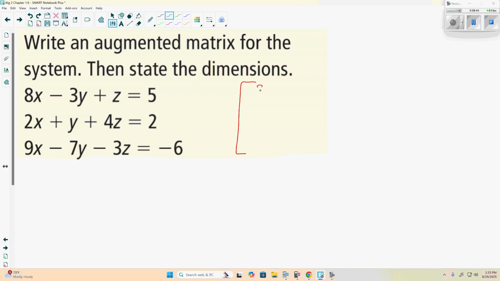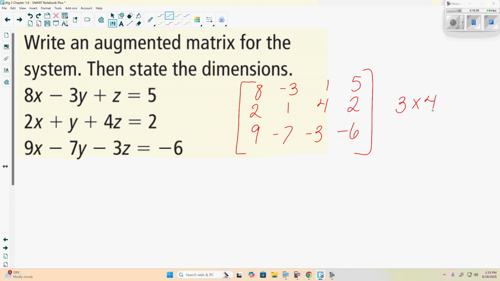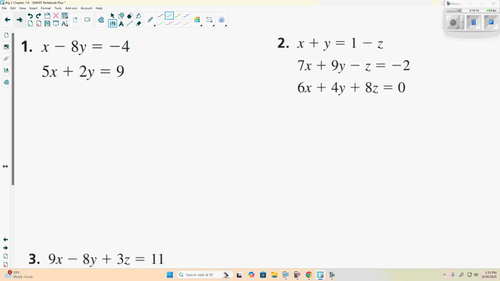We have what? 8, negative 3, 1, 5. 1, 4, 2, 9. Negative 7, negative 3, negative 6. And this is a 3 by 4.